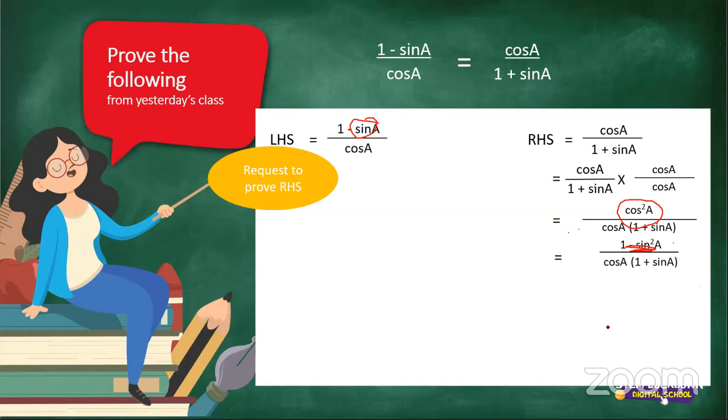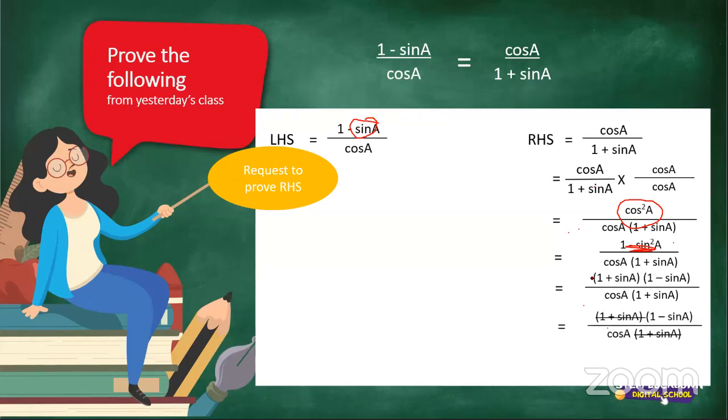From here, this is your factorization, which is split back into your two brackets, where you have 1 times 1, 1 times minus sine A, sine A times 1.